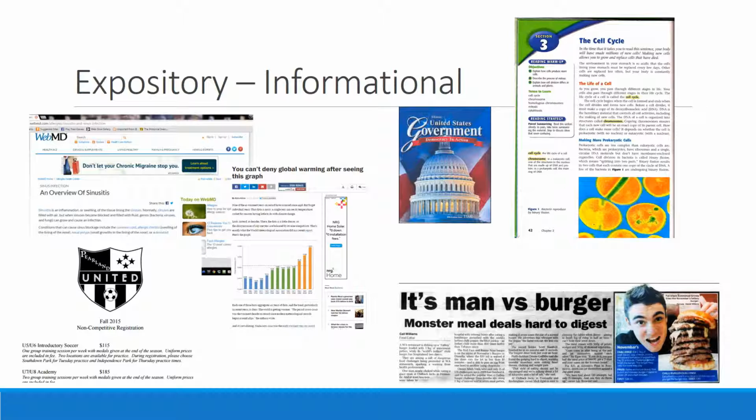So what we're going to be looking at is more like what you might see in a textbook, like your government book or your biology book. Textbook reading is where information is communicated as simply and directly as possible, right? There are difficult vocabulary words for each subject, but we don't get a lot of descriptive language or talk about how the author feels about something, or lots of imagery.